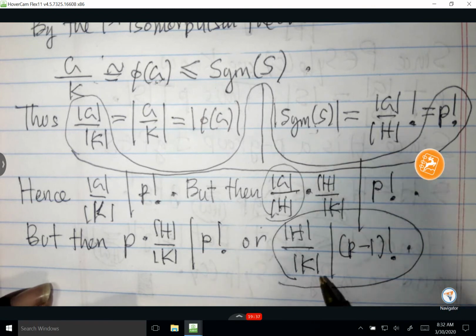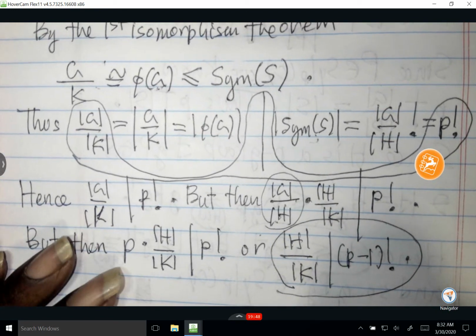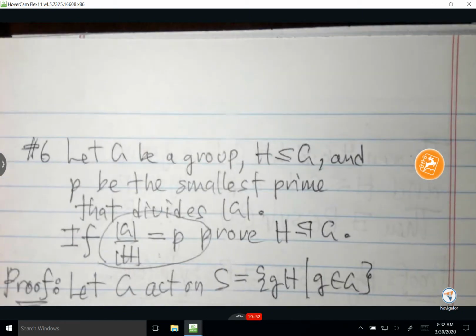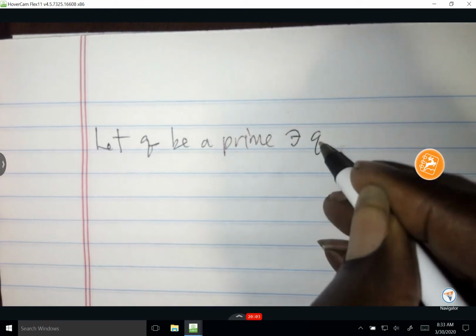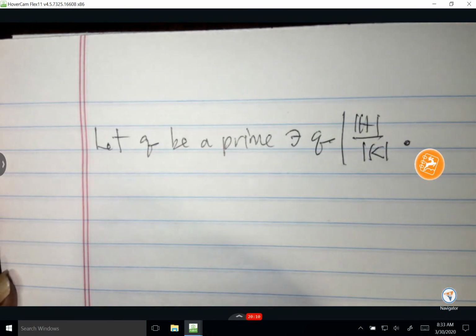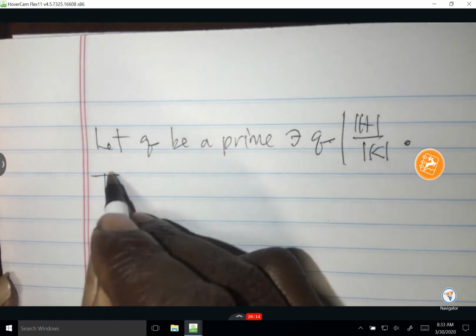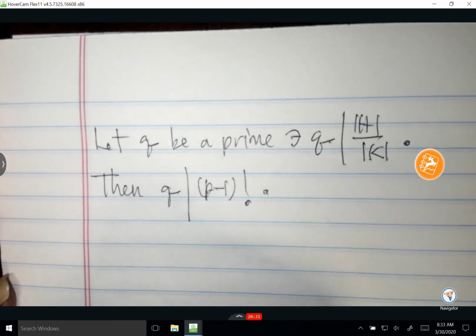To see why, let's take a prime that divides this number, the order of H over the order of K. I'll call it Q. Let Q be a prime such that Q divides the order of H over the order of K. Then Q would divide P minus 1 factorial, because the order of H over the order of K does, as we just said a second ago.